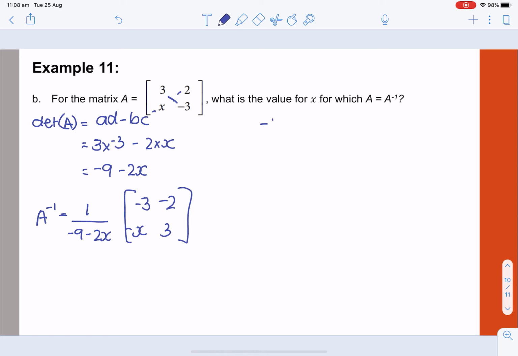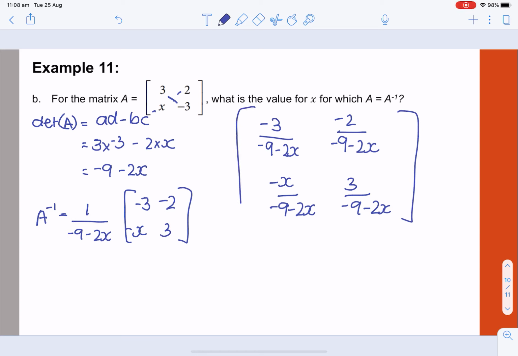So I end up with negative 3 over negative 9 minus 2x, negative 2 over negative 9 minus 2x. Now I'm not simplifying or anything, I'm just keeping it as it is. Negative x over negative 9 minus 2x and 3 over negative 9 minus 2x. Do not change signs, don't change anything, just leave it as is.